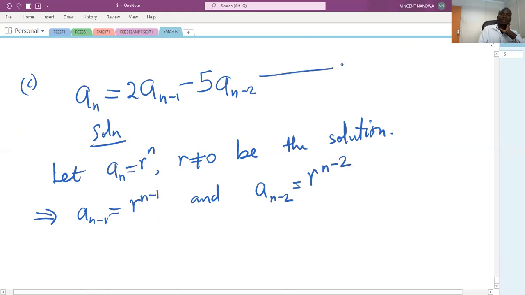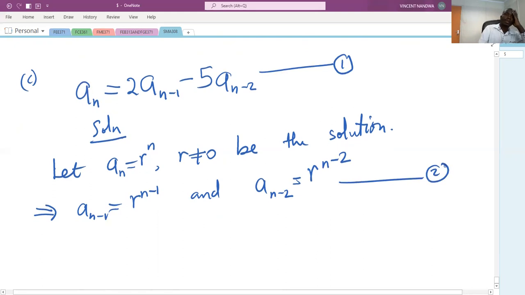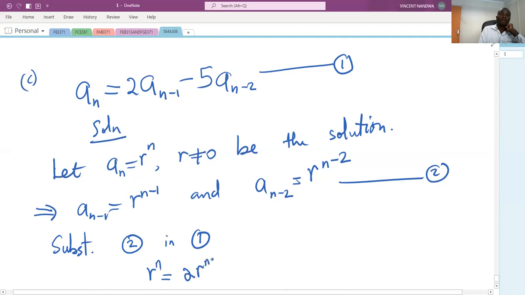So if we call this equation 1 and call this one equation 2, then substitute equation 2 in 1. That means you change now this recurrence relation from a_i's to r raised to power i's, i.e. this will be r^n equals 2r^(n-1) minus 5r^(n-2).